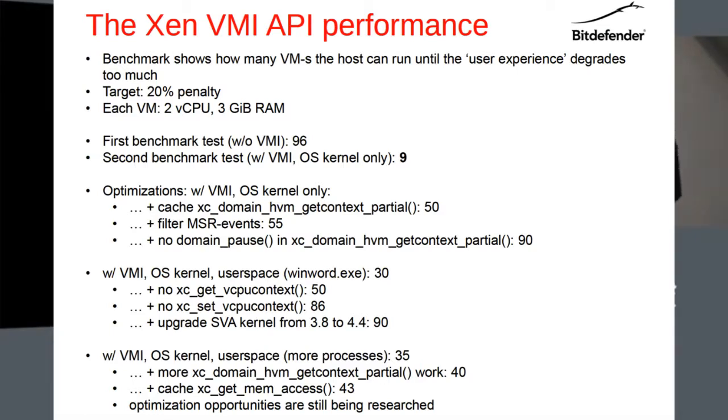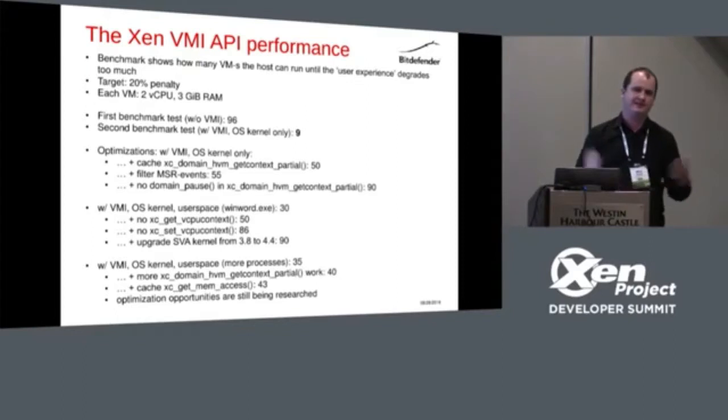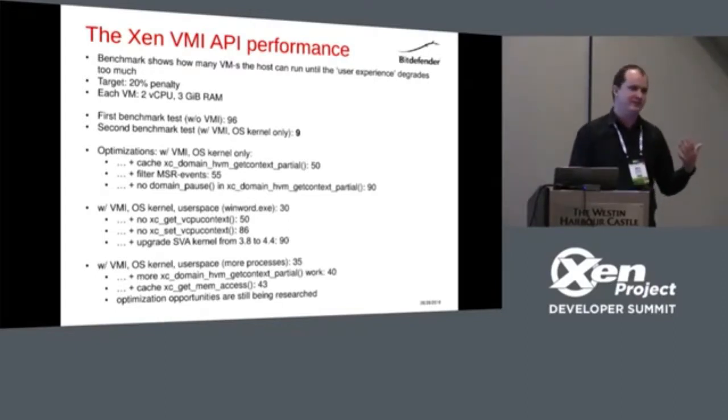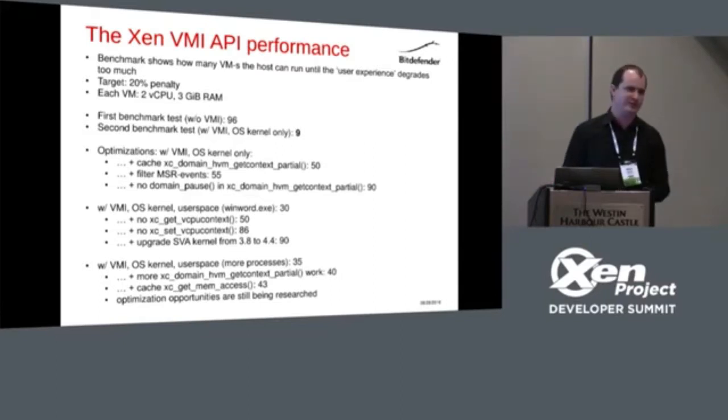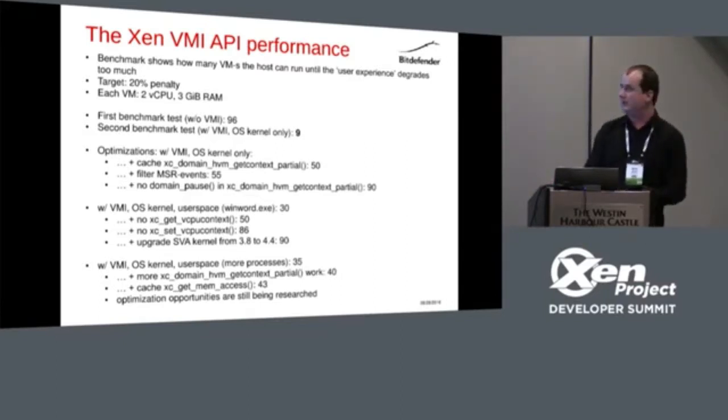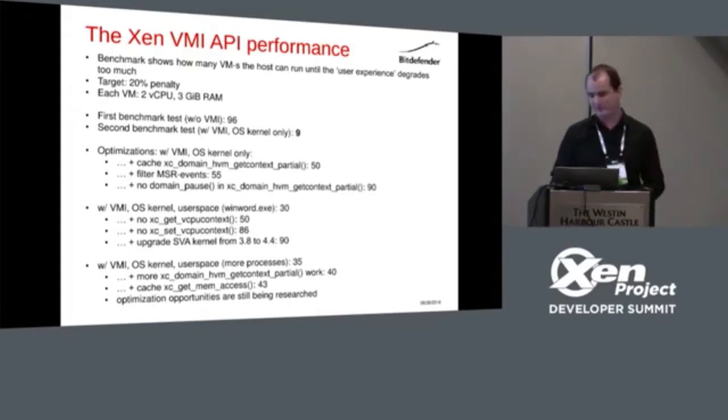So this benchmarking software starts a number of VMs, runs a workload in each one of them, collects a number of metrics, and tells you at the end a number of things, among which is how many VMs you can run on that host until the user experience degrades too much. Our target was a 20% penalty, and in the test we provisioned the VMs with 2 vCPUs and 3 gigabytes of RAM.